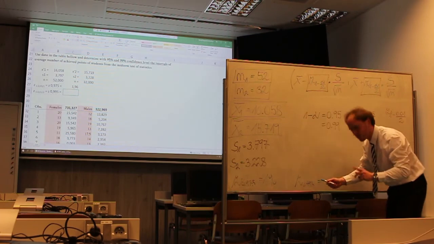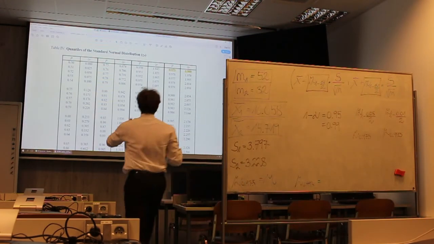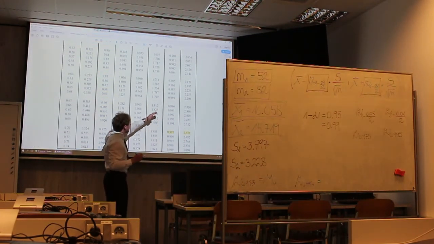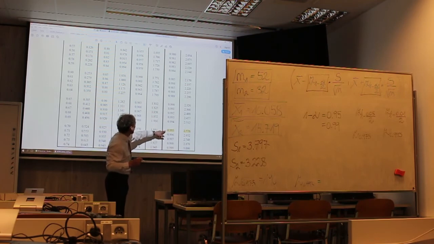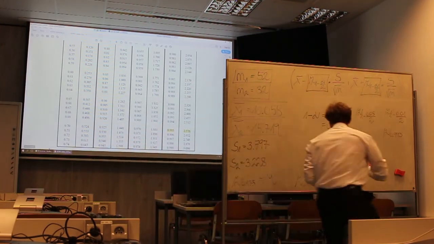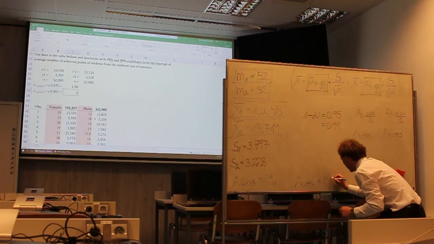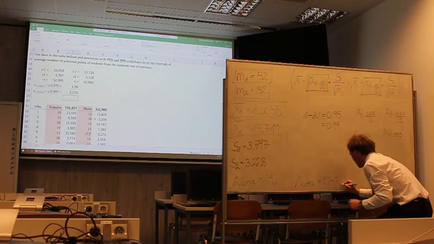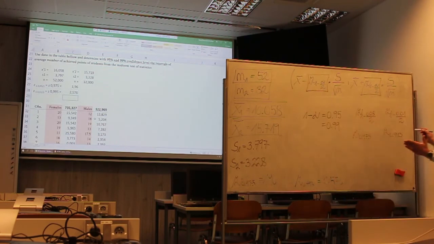And the 99.5% quantile: we scroll down, and for p-value 0.995 it is 2.576. Okay, so now we know everything.